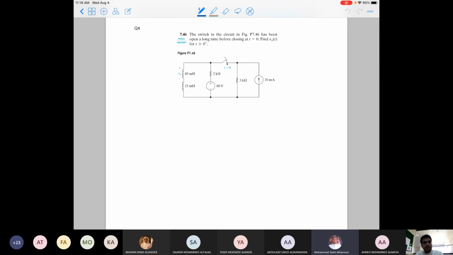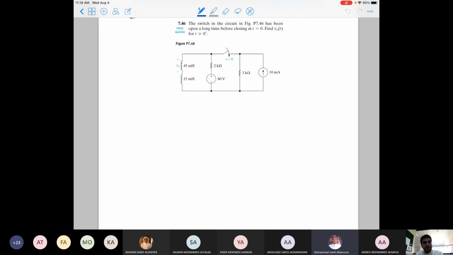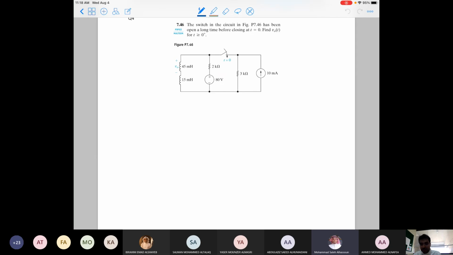The switch in the circuit shown below has been open for a very long time before closing at t equals 0. We're asked to find V naught for t greater than 0, the voltage across the inductor.